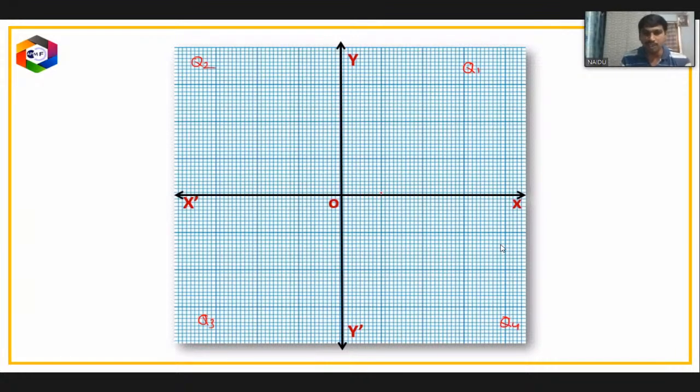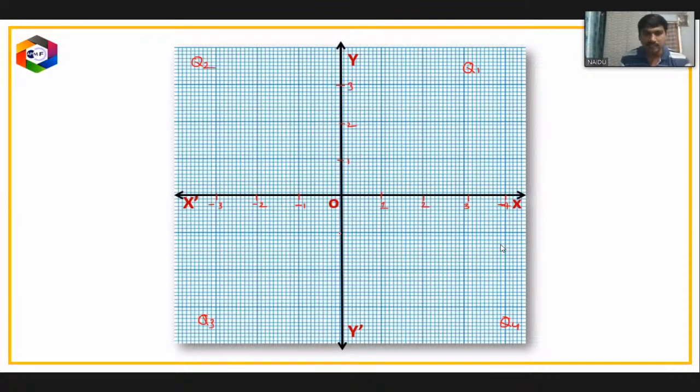Now from the origin toward the right side, with equal intervals, positive values we will denote 1, 2, 3, and 4. Similarly, on the left side, we will denote negative values, -1, -2, and -3. Here this is +1, +2, and +3.